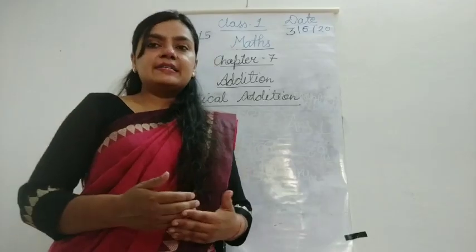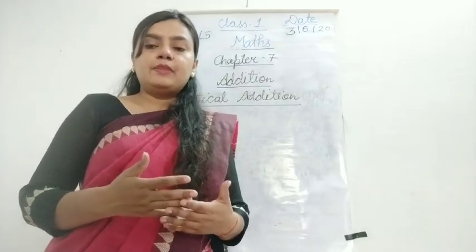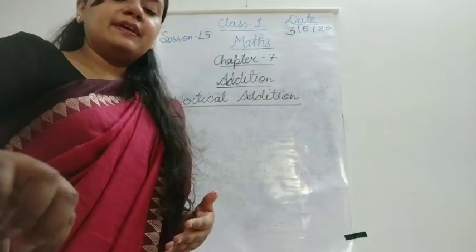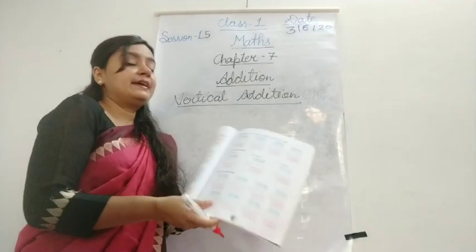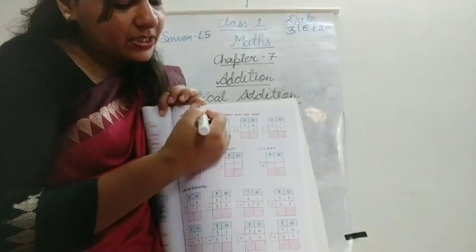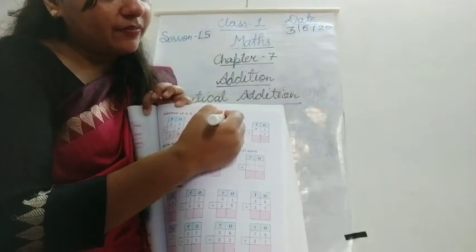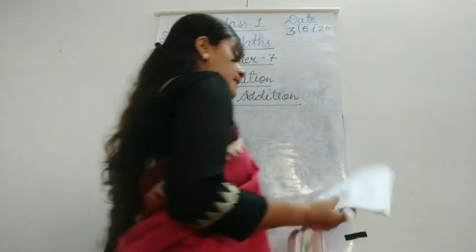One digit with one digit, I know you know very well. So we will start our addition with the addition of a 2-digit number with 1 digit.